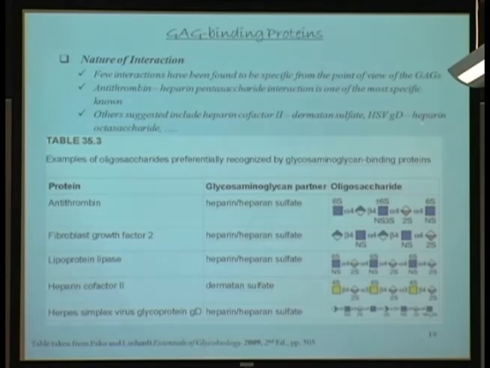There is a specific octasaccharide involved in recognition of HSV glycoprotein D, which may be specific. A lot of work needs to be done, but there are several others that have been suggested to be fairly specific interactions. But a lot more work is really needed to figure out whether they are really specific.